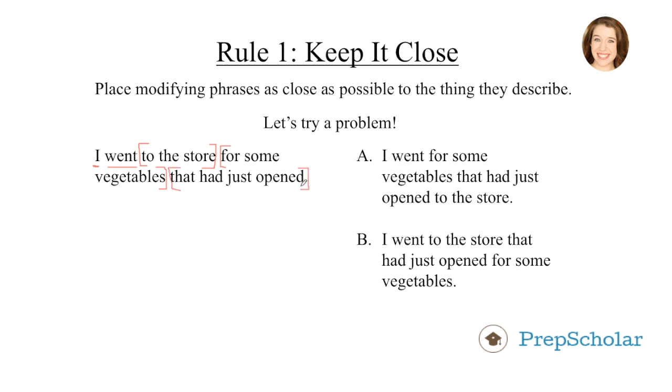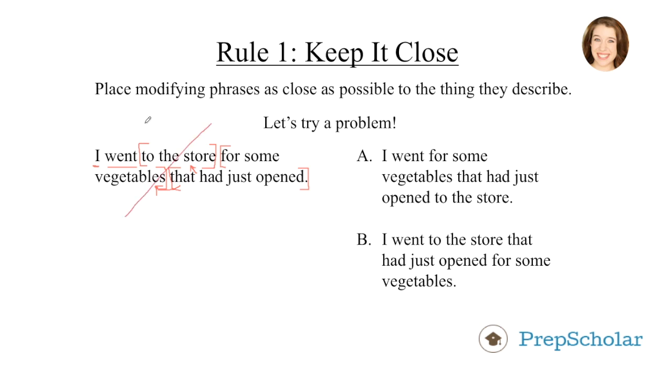Well, this is the big one. What just opened? Did the vegetables just open? That would be pretty weird. Hopefully they didn't just open. It makes a lot more sense for the store to have just opened. I went to the store that had just opened for some vegetables. But with the way the sentence is set up right now, it sounds like the vegetables are the things that had just opened, which doesn't make any sense.